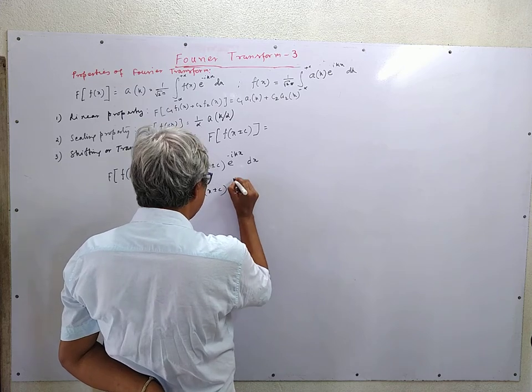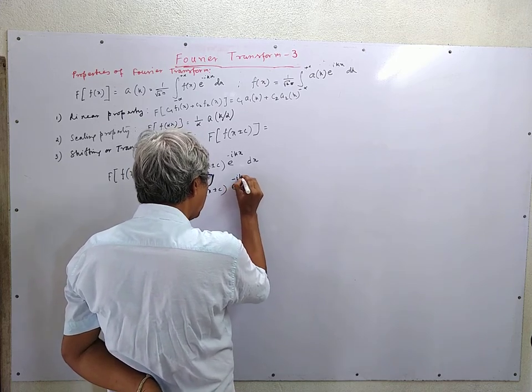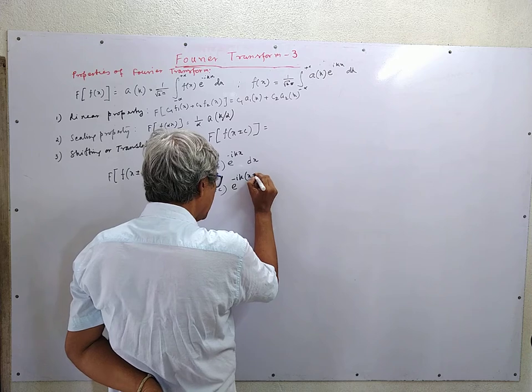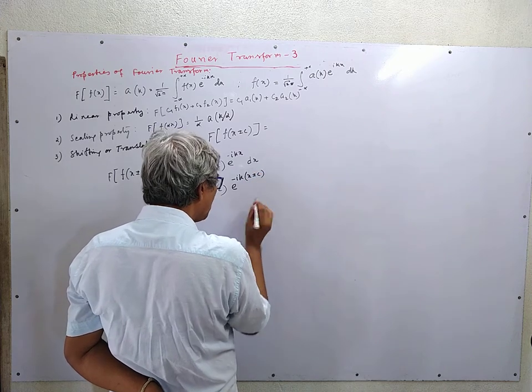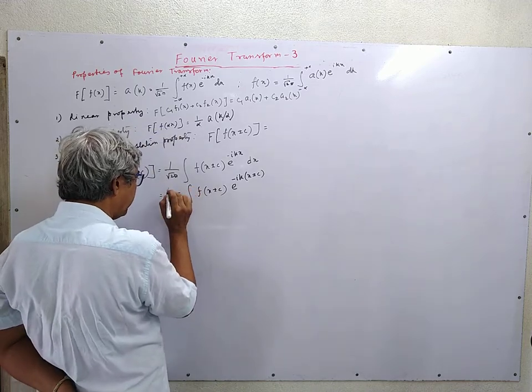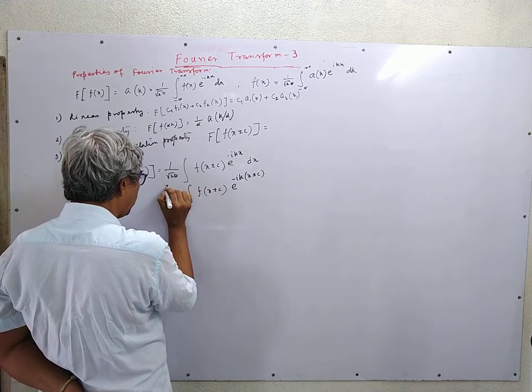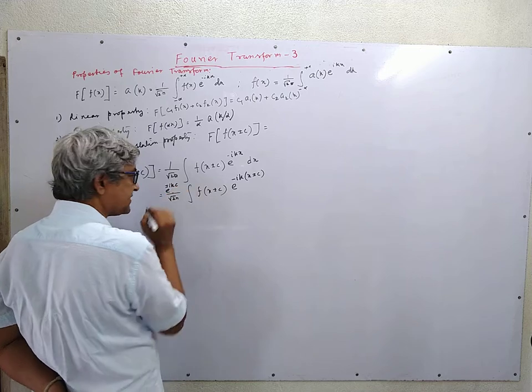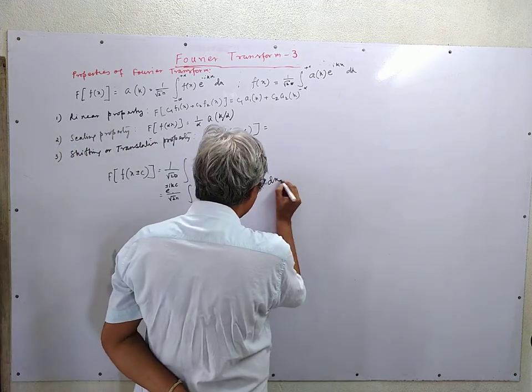So it was minus i k x plus minus c. So we have adjusted a term that has to be compensated, and we write e to the power plus minus i k c, and this is dx.